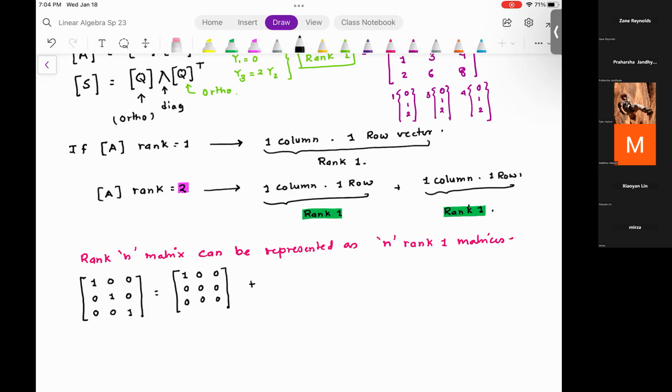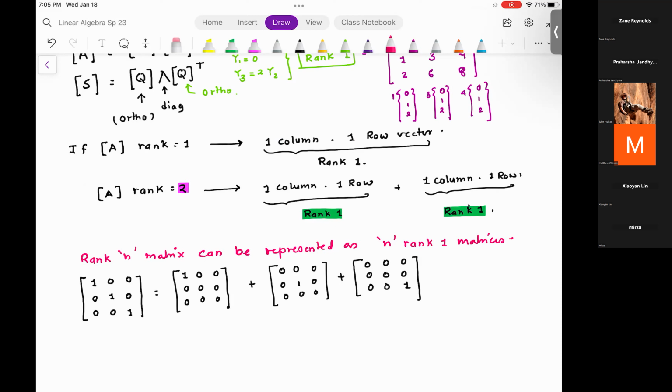This is one matrix: 1, 0, 0, 0, 0, 0, 0, 0, 0. Plus 0, 0, 0, 0, 1, 0, 0, 0, 0. Plus 0, 0, 0, 0, 0, 0, 0, 0, 1.